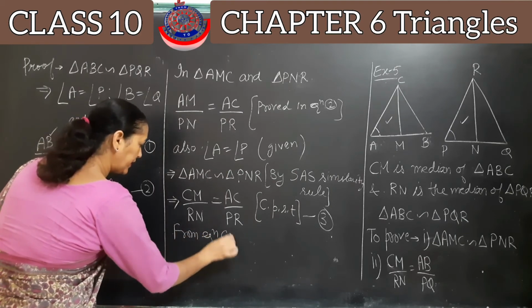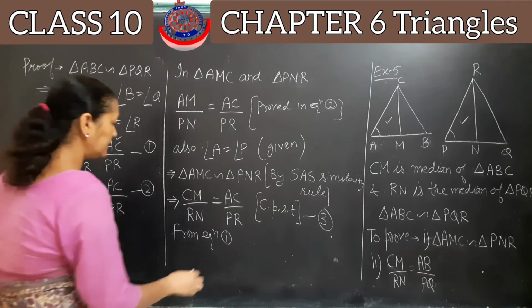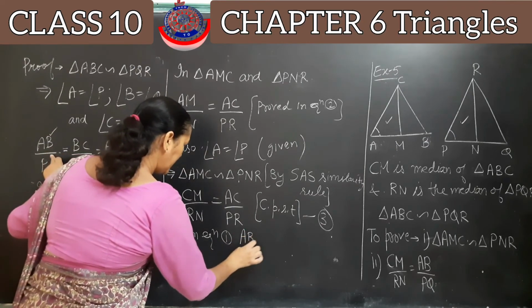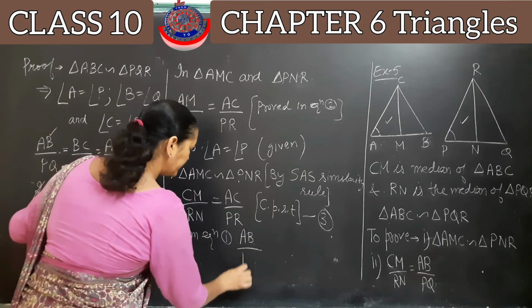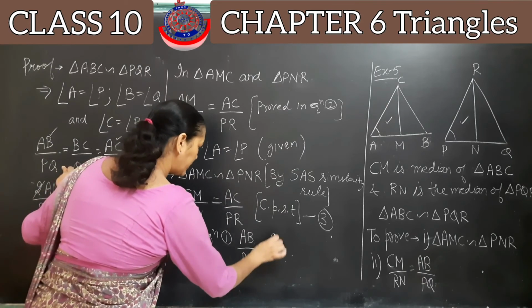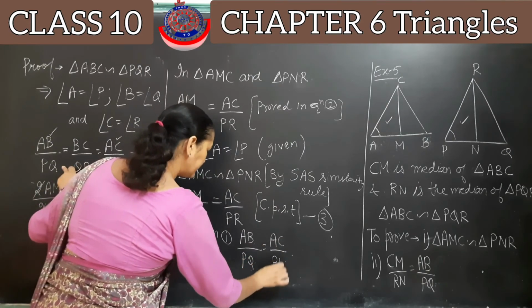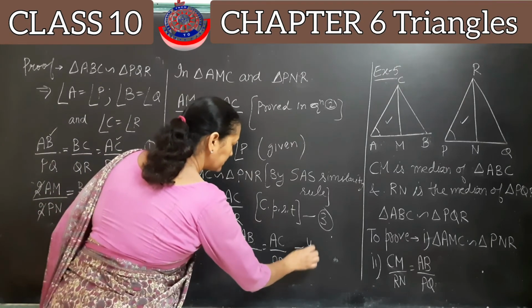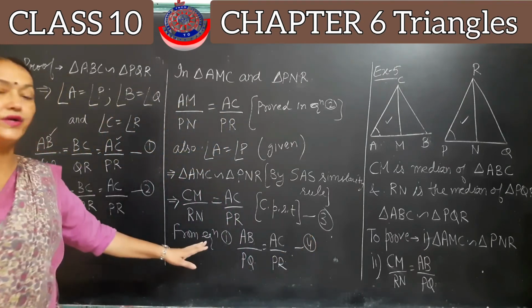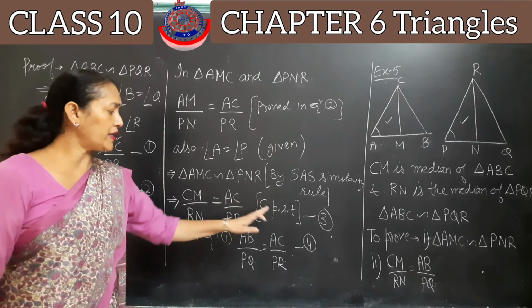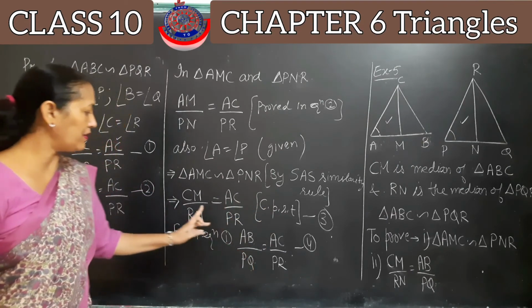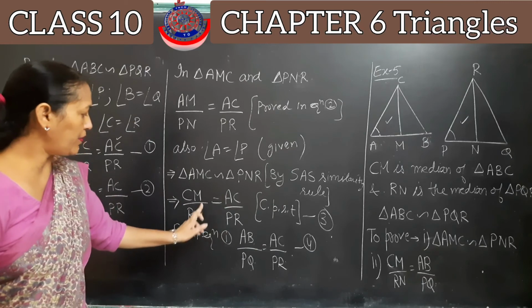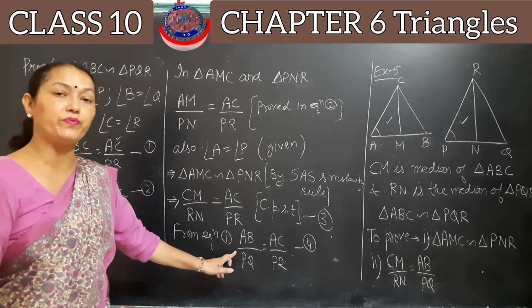From equation 1 we have AB upon PQ is equal to AC upon PR. This is already with us. So if we look at equation number 3 and equation number 4, we will be saying CM upon RN is the same as AB upon PQ.